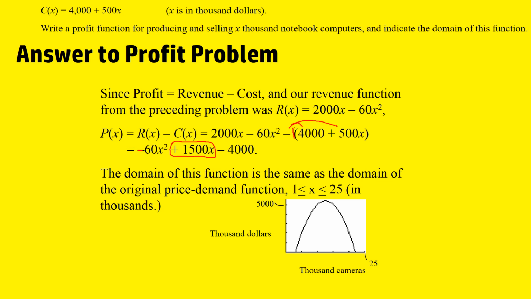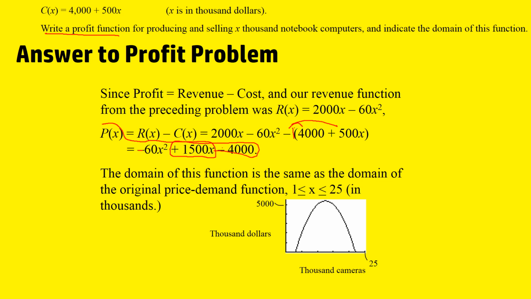We're going to have a negative 500x, which together with this 2000x is going to make 1500x. There's also a negative 60x squared there. Maybe seeing this negative as a lead coefficient, we are starting to imagine a downward opening parabola.